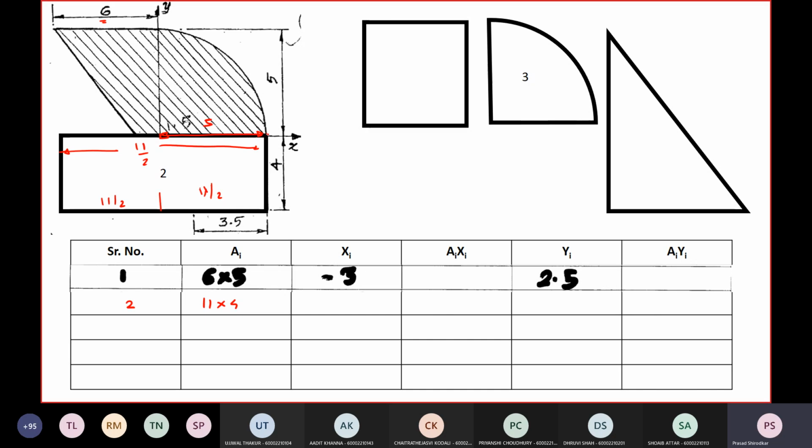If I measure it from here, it will be at a distance of 11 by 4, so this will be somewhere over here, at 5.5 from the edge. And this distance is equal to the radius of the quarter circle, that is 5. So this in fact becomes minus 0.5. And yi will be half of the height, so this will be minus 2.